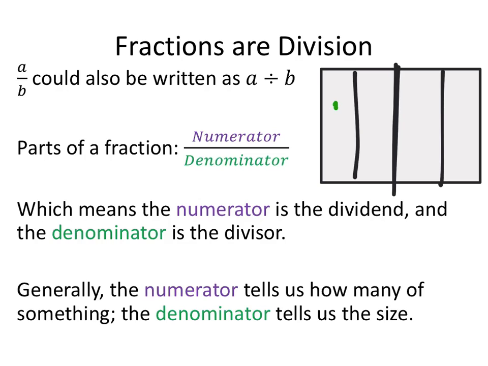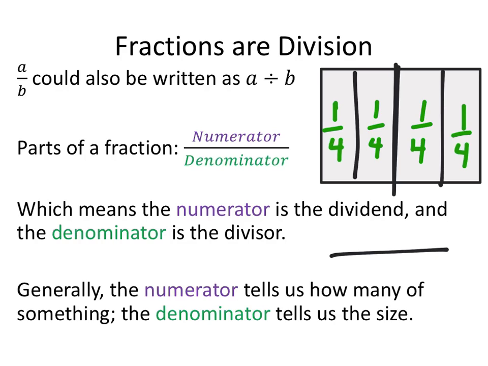Like this is one piece out of 4 pieces. This is 1 piece out of 4 pieces. Also 1 piece out of 4, 1 piece out of 4. That's pretty good. So on this one, the denominator tells us the size. That's fourths in this case.